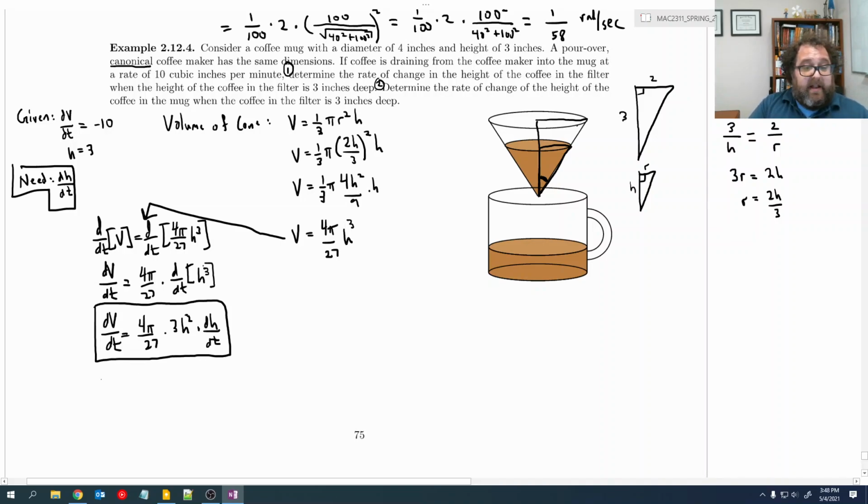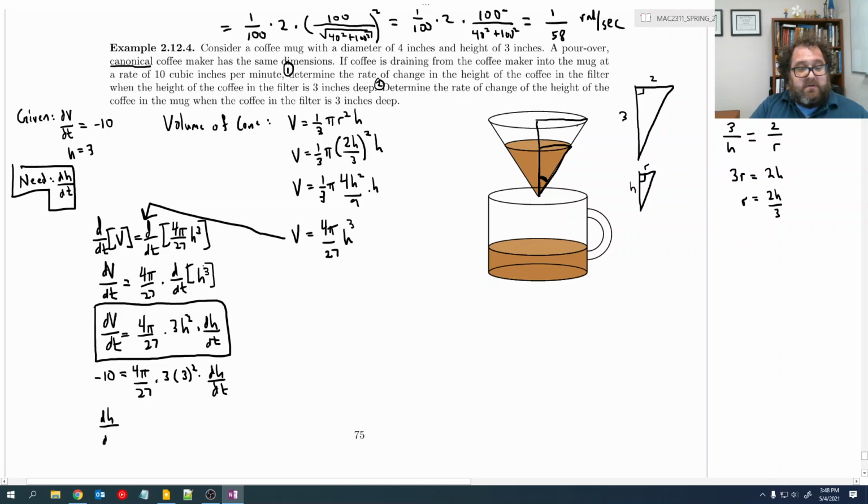So I plug in negative 10 for dv/dt, and we have 4 pi over 27 times 3 times h, which is 3, squared, times dh/dt. Now notice the only quantity that's unknown is the one we're after, dh/dt. And so it's just a matter of dividing appropriately to solve for dh/dt.